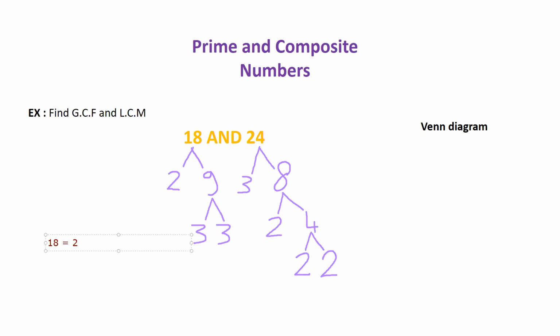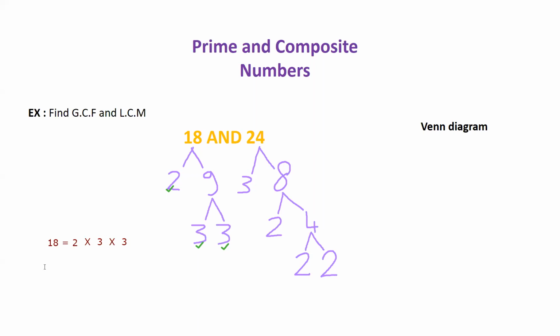18 equals what? Put only the prime numbers that you reached. So here you found out that the prime factorization of 18 is 2 times 3 times 3. So we are going to put 2 times 3 times 3.